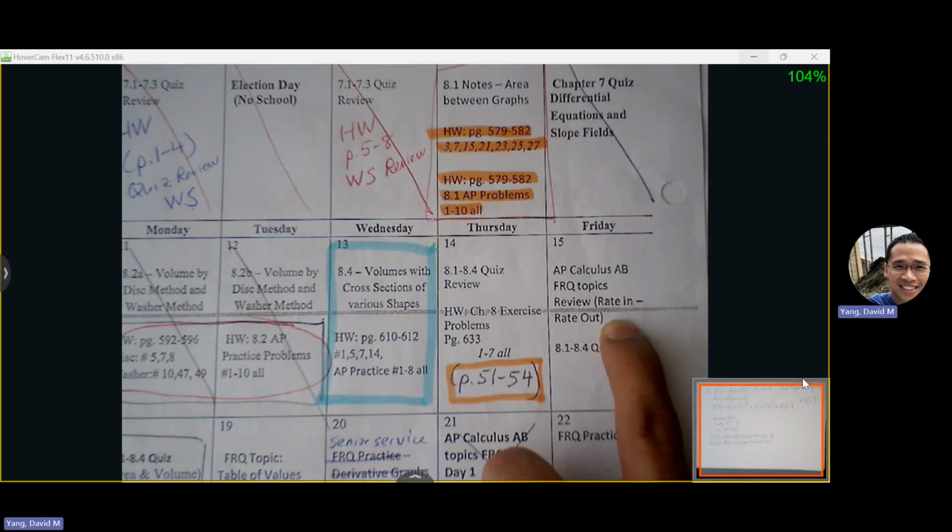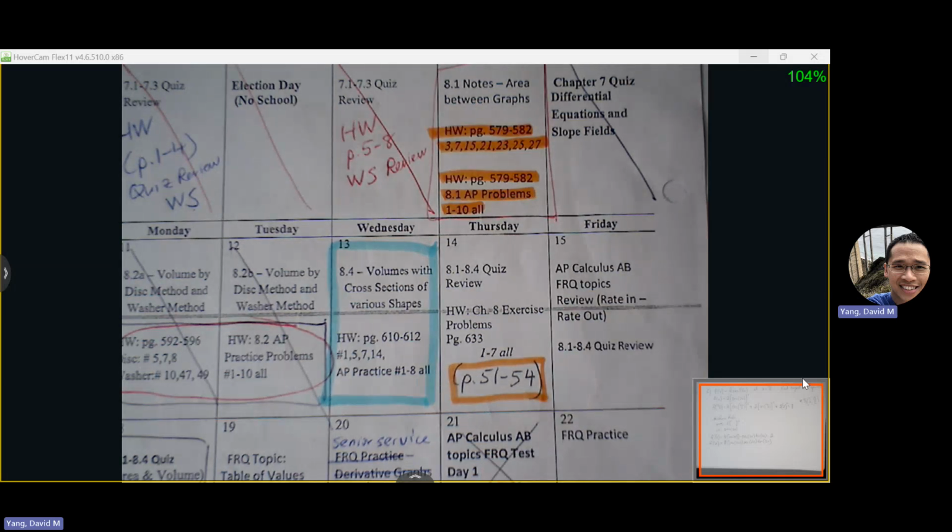We haven't talked about that yet. Obviously, this is not going to be on the upcoming quiz, but I do want to start AP FRQ review. And then Monday, we'll circle back to area and volume, have another full day of review, and then the quiz will be on Tuesday.